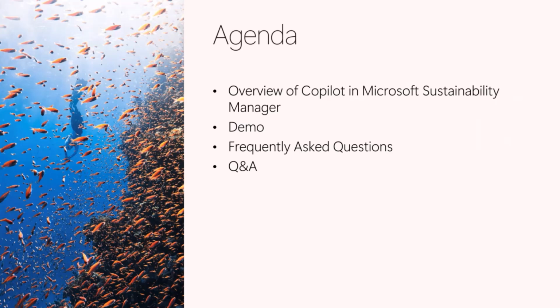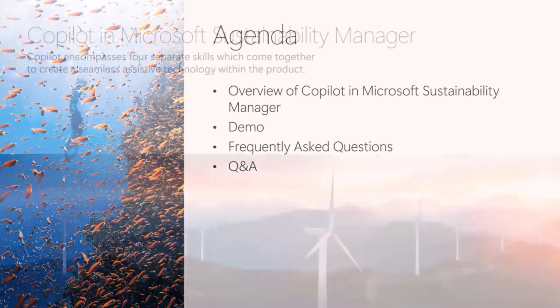We'll then go through a demo showcasing each of those pre-discussed skills, and we'll talk a little bit about it through the lens of our persona, Evan, who is a sustainability practitioner at Contoso Coffee Co. Then we're going to go through some frequently asked questions regarding Copilot and really more broadly a little bit about AI within Microsoft Sustainability Manager. And then we'll finish it out at the tail end with some Q&A. So let's go ahead and get started.